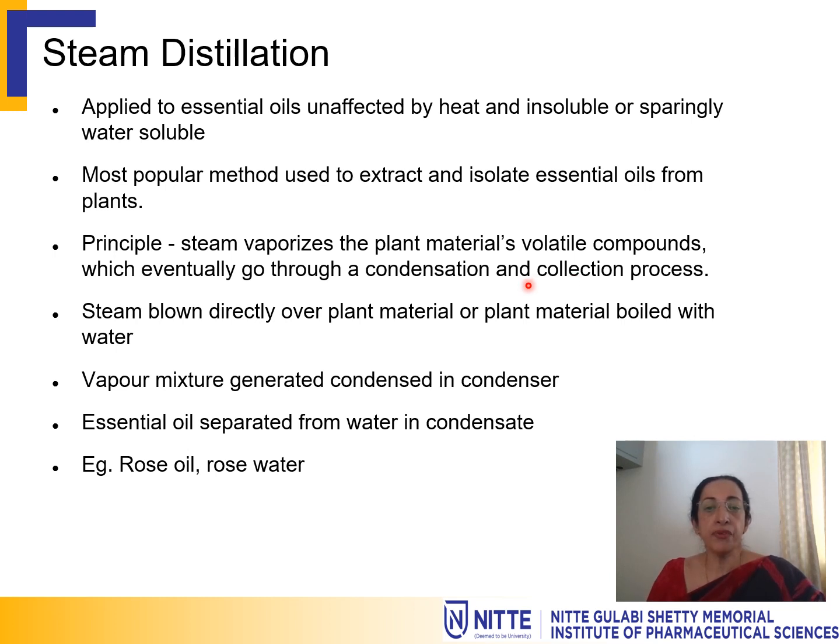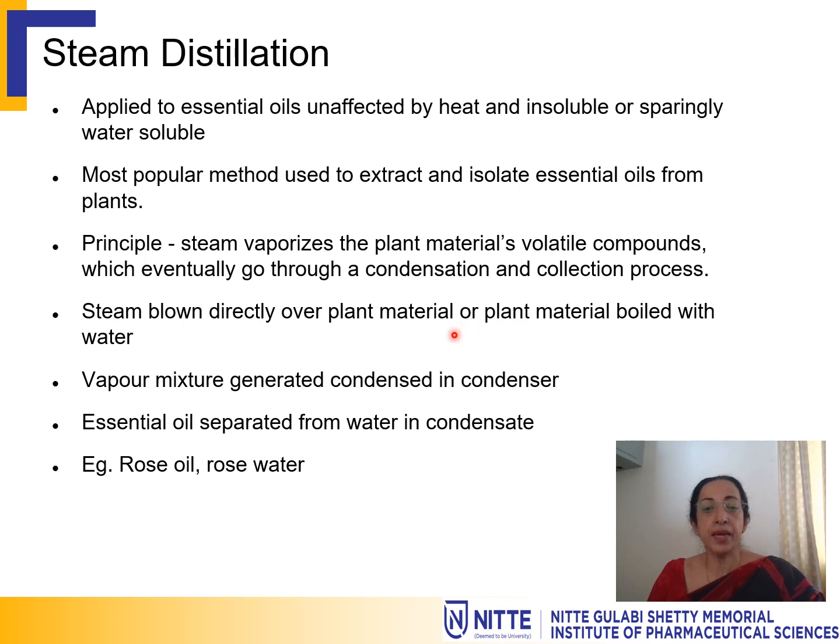This is often used for the extraction of essential oils which are unaffected by heat and are insoluble or sparingly water soluble. In order to do so, steam is produced by boiling water, and this steam is allowed to pass through the herbs, plants or flower petals to be extracted.